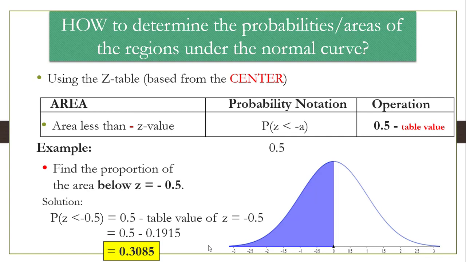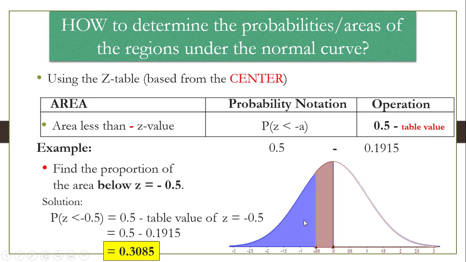Suppose we have the 0.5, since that would be our operation. And then, we also have this one, which is from the center down to negative 0.5 here. So, actually, we want to get the area below negative 0.5. So, we're looking for this excess area here.